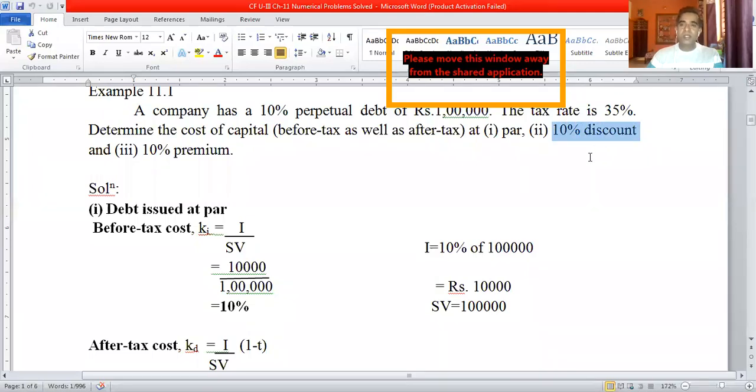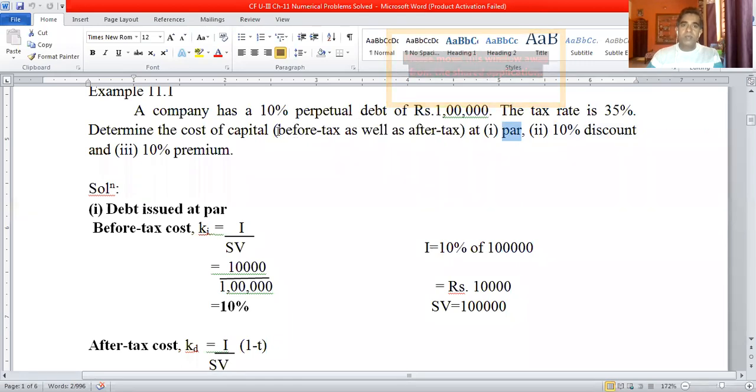In the first case, if the debentures are issued at par, we have to calculate the before tax cost as well as the after tax cost of this perpetual debt. In the second situation, if the debentures are issued at 10% discount, we have to calculate the before tax as well as after tax cost of debt.